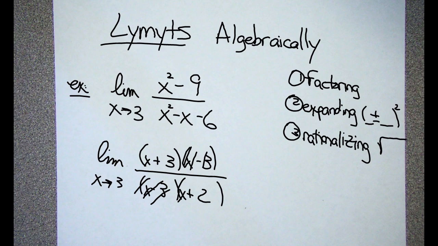That's why we couldn't plug it in the first place. Now I revert back to my first technique, so I'm going to try to plug it in again. Now I can put 3 in, and I'll get 3 plus 3 over 3 plus 2. So that would be 6/5. That's really just a canceling problem, or a factoring problem. Questions there?